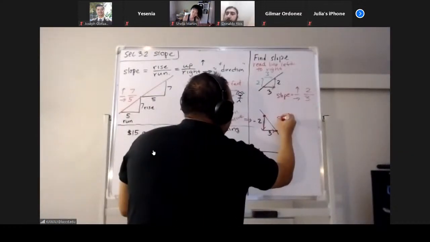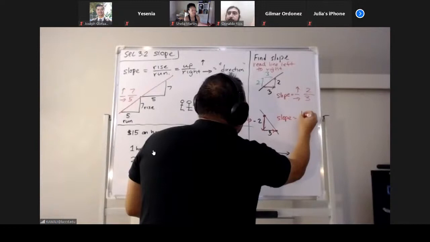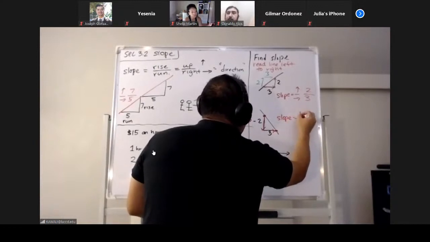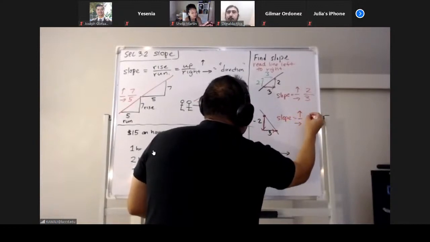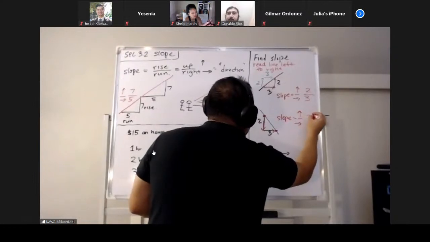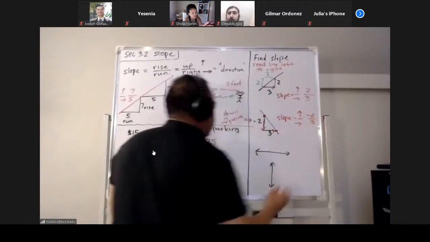So then I look at my slope, it's equal to up over right. So this is equal to -2 over 3.